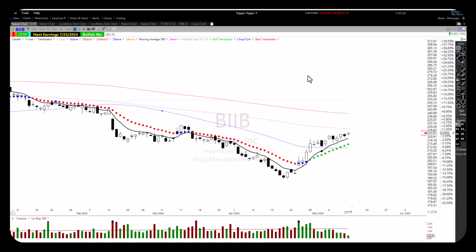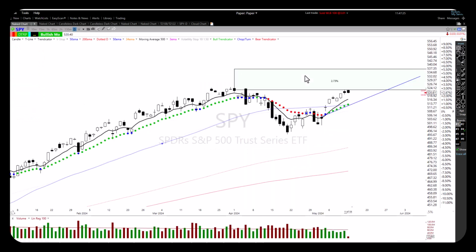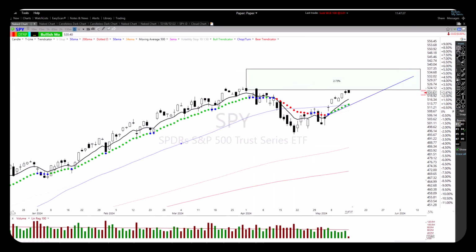Okay. So let's start by looking at the market. Right now I'm going to have to be a little bit bullish on the market, because we're moving up here. I base my bullishness on a couple of things. One is going to be price.